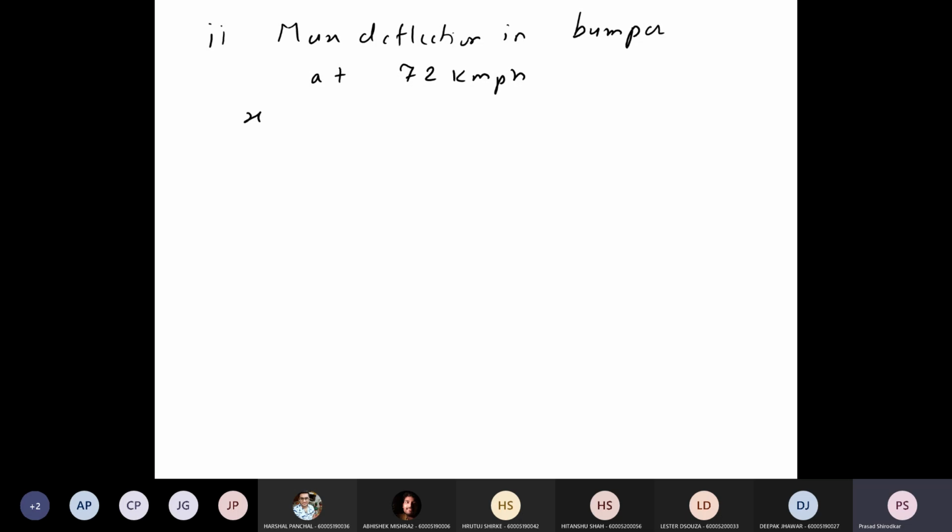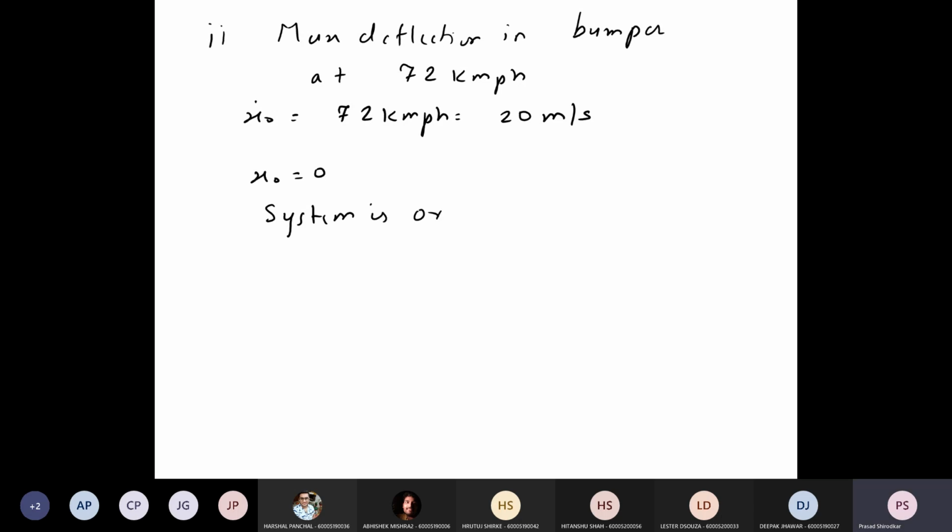So initial velocity x0 dot is 72 kilometers per hour, that is equal to 20 meters per second. Initial displacement x0 is 0. System is overdamped.